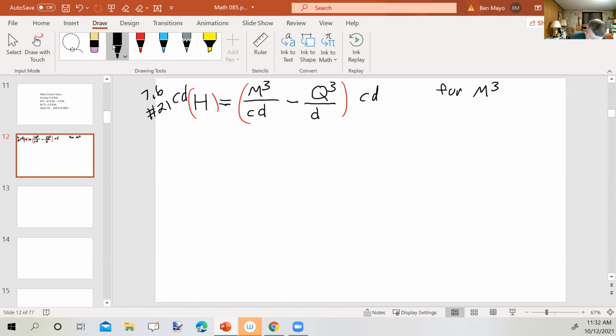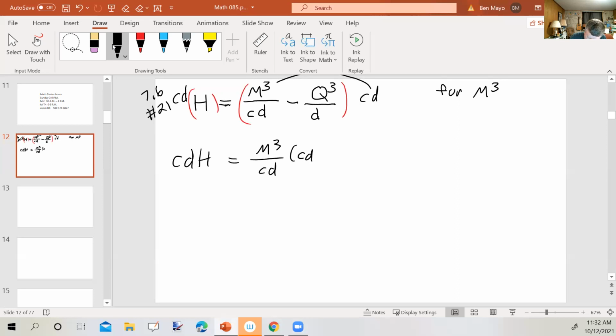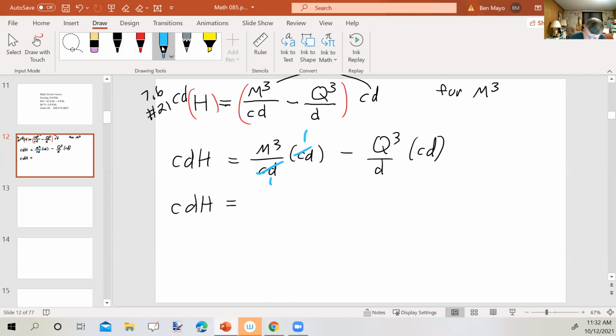So on the left side, we get CDH. On the right side, we get M cubed over CD times CD minus Q cubed over D times CD. So we get CDH equals, here the CD's reduced down and we're left with M cubed minus, here the D's reduced down and we're left with CQ cubed.